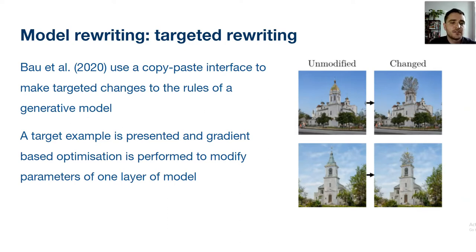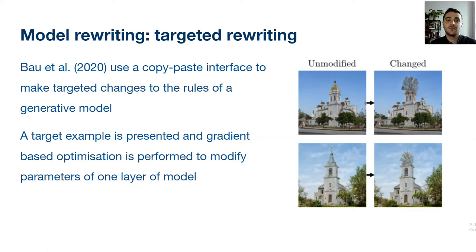Bau and others, in the paper Rewriting a Deep Generative Model, use a copy-paste interface to make targeted changes to the rules of a generative model. The example on the right is a model that generates churches, and using an almost Photoshop-filter-like technique, they say, okay, I'm going to replace the church tower with a tree.